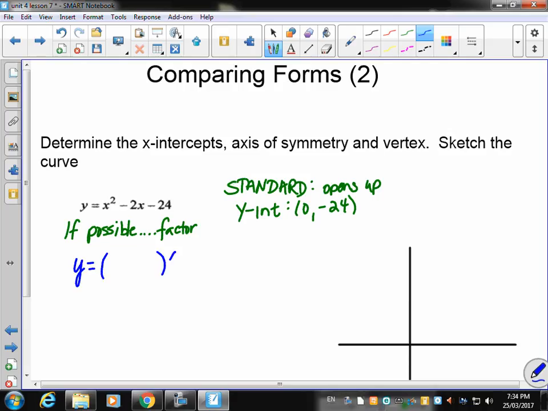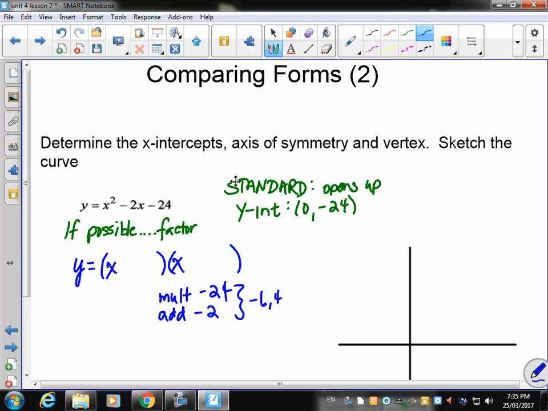If it's a simple trinomial, I can factor it by setting up 2 sets of brackets. There would be an x for the first term in both. And if it's factorable, I should find 2 numbers that multiply to -24 and add to -2. There just so happens to be 2 such numbers, -6 and 4.